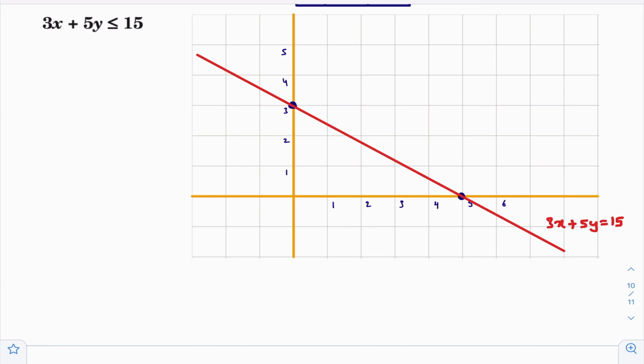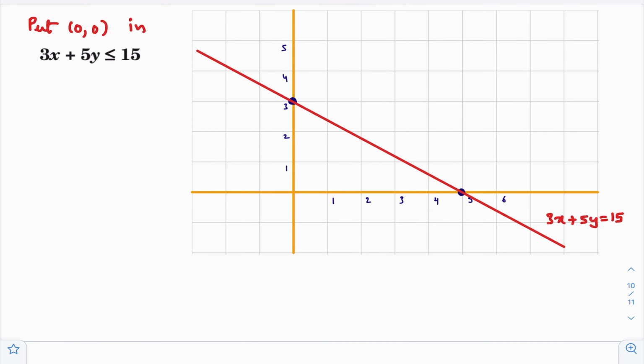To graph this inequality, if you observe this line, this side is the origin side, correct? Because origin is this side, and this side is the non-origin side. As origin side and non-origin side are present for this line, you put 0, 0 in the given inequality.